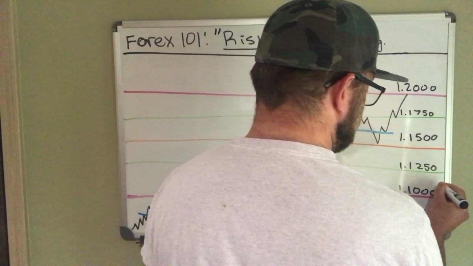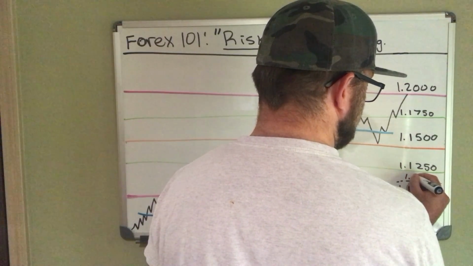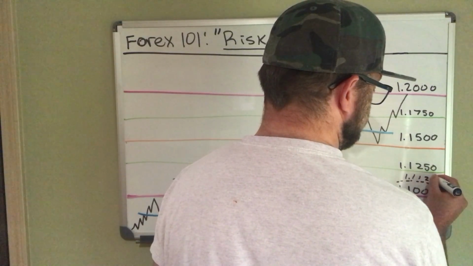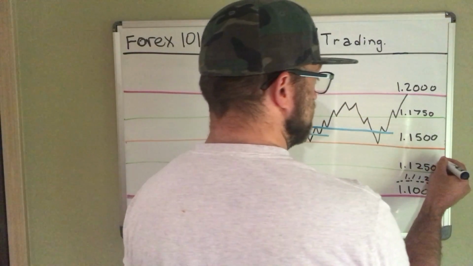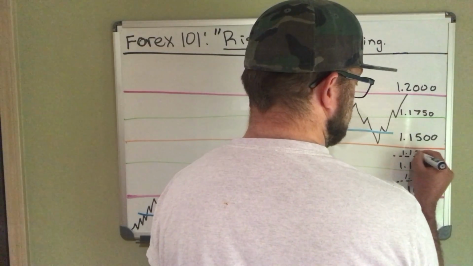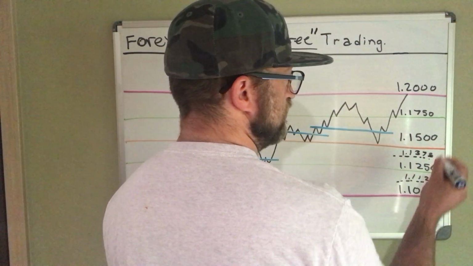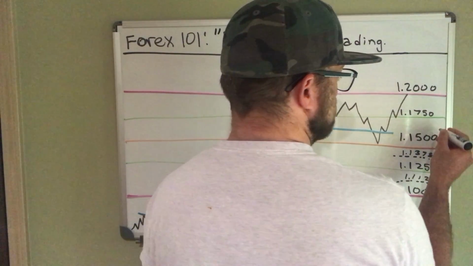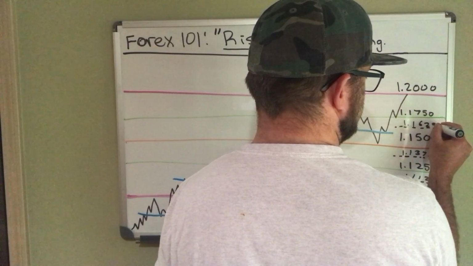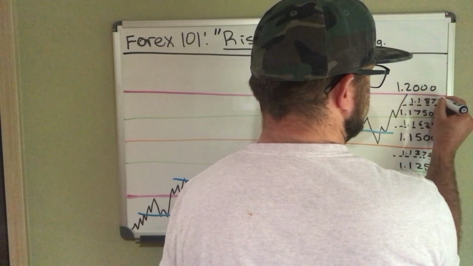Basically, I'm not going to do it, but there is another level here, which would be like the 1.125, and then up here it would be 1.1375, and then up here it would be 1.1625, and right here would be the 1.1875.